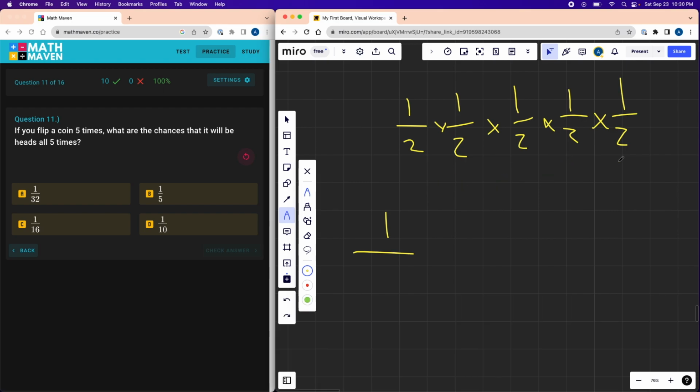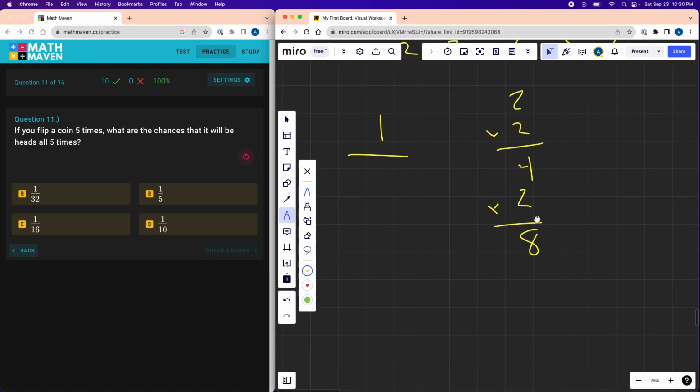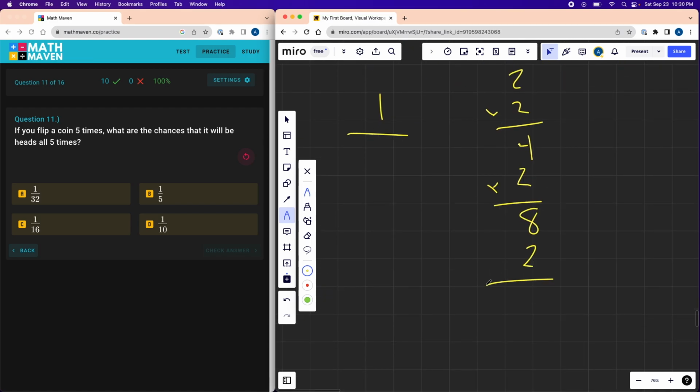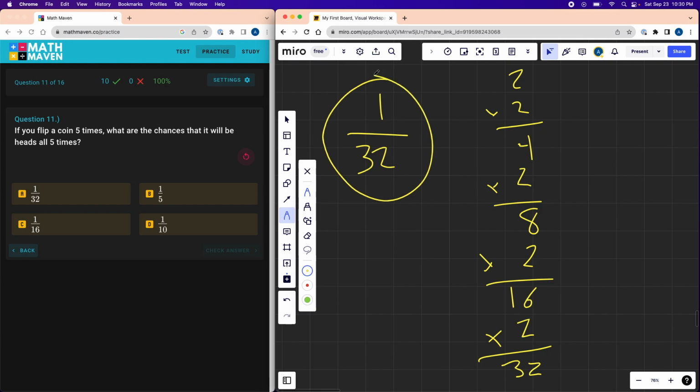So 2 times 2 equals 4, times 2 equals 8, times 2 again, this is our fourth 2 here, that's going to be 16, times our fifth 2, which will be 32. That is going to be a 1 out of 32 here, all right? 1 out of 32 chance that it will be heads 5 times in a row.